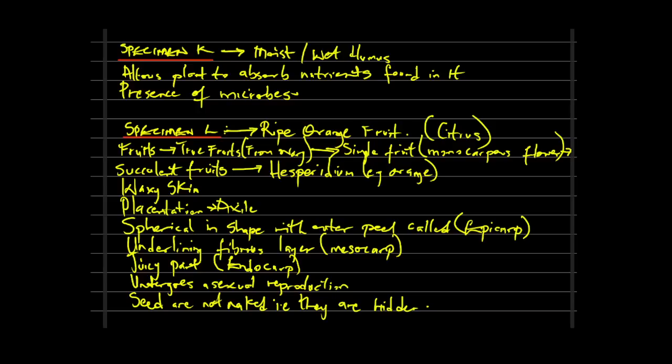So our next specimen is specimen M, which is the longitudinal section of the coconut fruit.